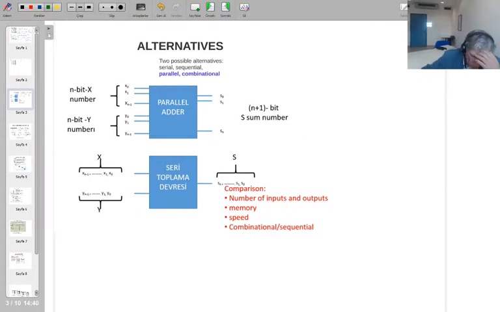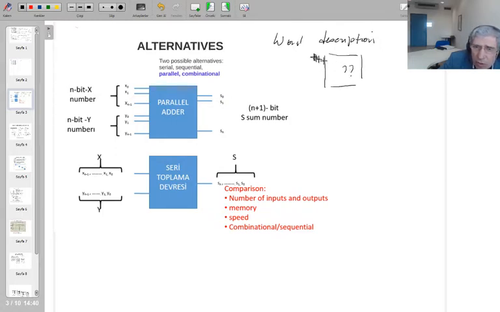As we said at the beginning of the synthesis, there is something given to you. What is this? Word description. Let me write this word description. What is the description of the adder? So we are saying we need a box. We don't know what is inside, but we are saying we are going to apply a number here and another number here.